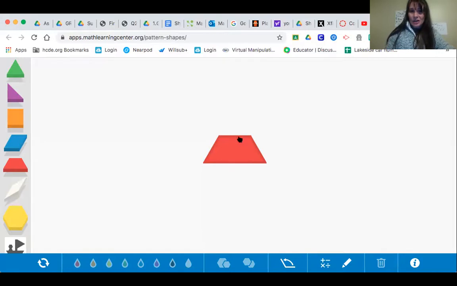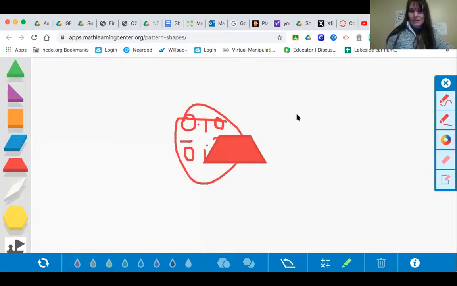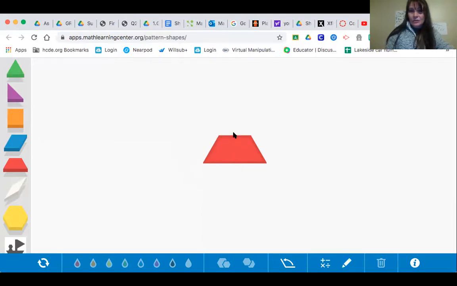This 2D shape is a trapezoid. Remember, it has the 2 lines that are crossing on a slant and the 2 lines that are running side by side. So how many sides does a trapezoid have?